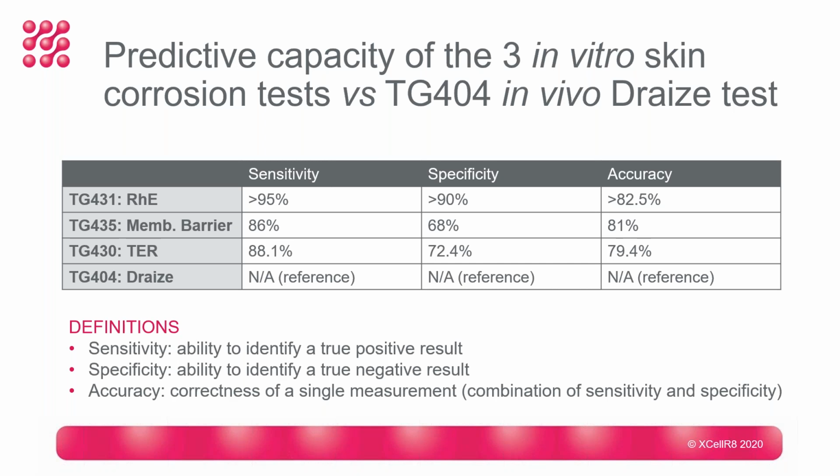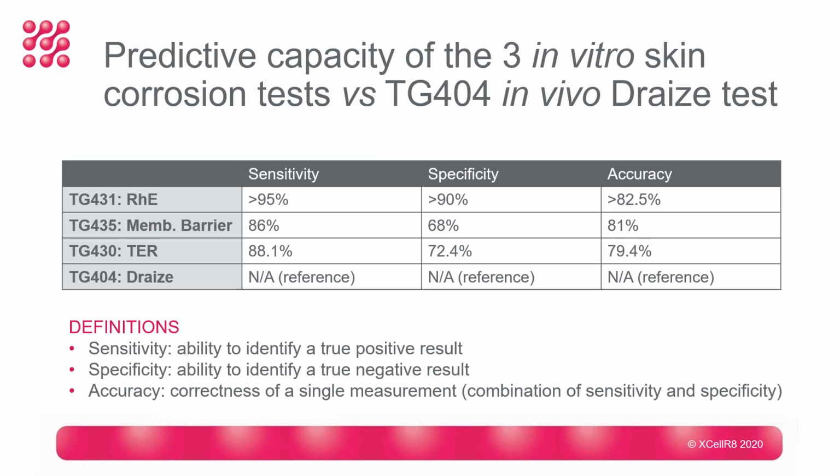And I think it's important to note that when the animal tests were originally developed, it wasn't possible to do this kind of validation because there wasn't a previous standard or a previous benchmark to validate them against. And so what's happened is over the years, industry has gathered a huge amount of experience using these tests and a level of confidence in them.